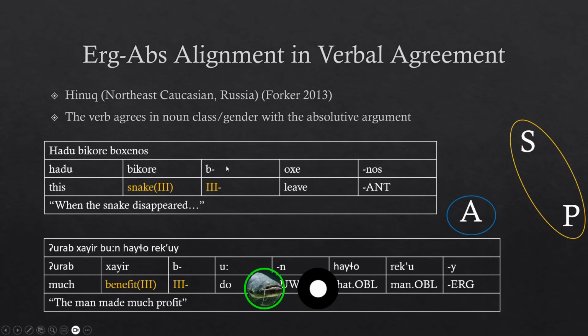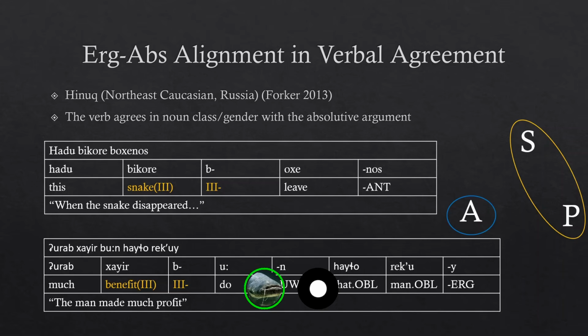This b is an agreement prefix, in the same way that s is an agreement suffix in English, broadly speaking. And this b is telling you that the intransitive subject is of class 3. So you can imagine if we swap out snake with something of class 2, this prefix would change to whatever the class 2 marker is in this language.